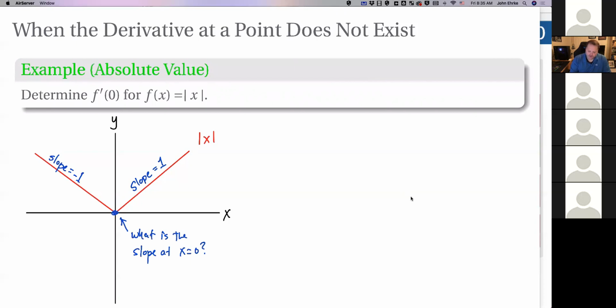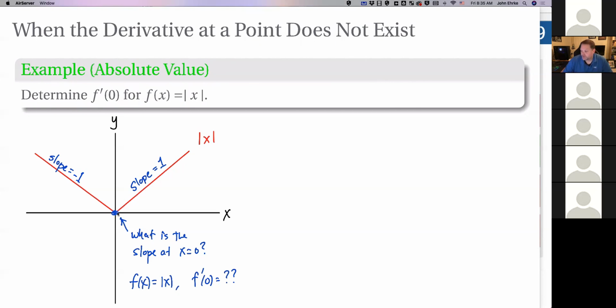So in other words, if our function was f of x equals the absolute value of x, what we're trying to do here is determine the derivative of that function at 0. What is the slope at 0 on this graph? Well, the only thing I can do is use my limit definition.